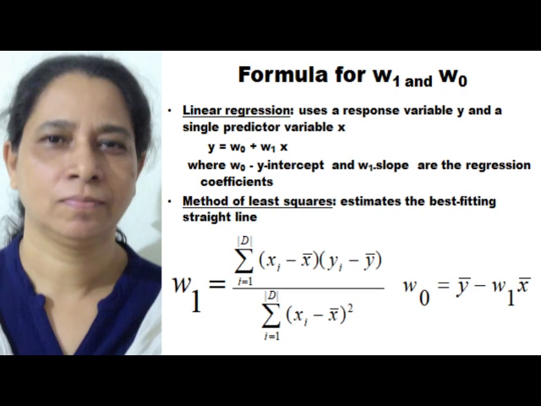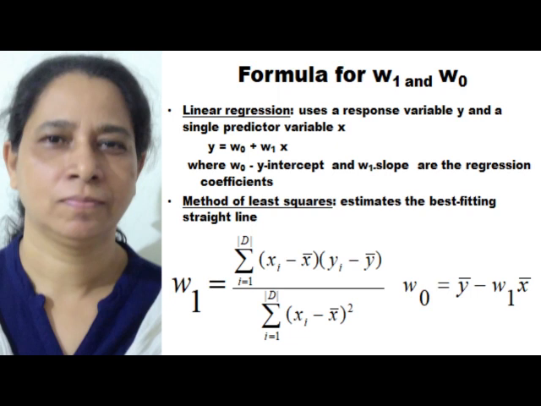The regression coefficients can be estimated using this method with the following equations. w1 = sigma i=1 to d (xi - x bar)(yi - y bar) divided by sigma i=1 to d (xi - x bar) whole square.